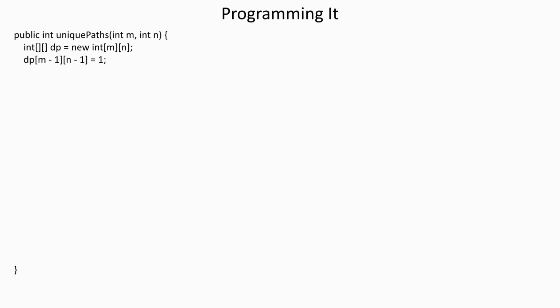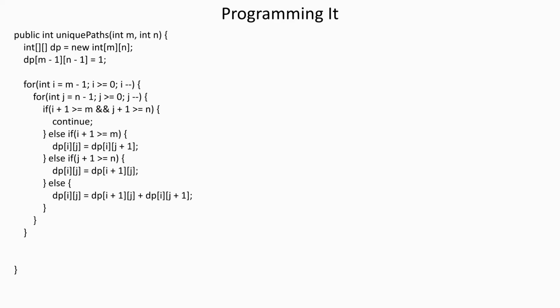We create our grid first of size m by n, and we set the last square to a value of 1. And then we work backwards with these two for loops, and we put it as the sum of the bottom and the right.